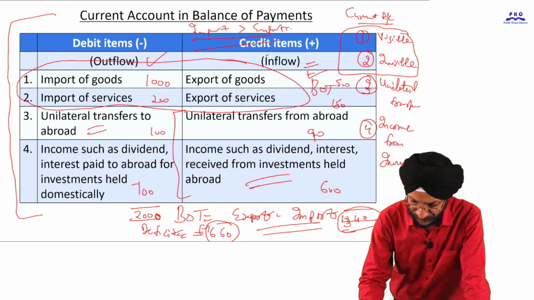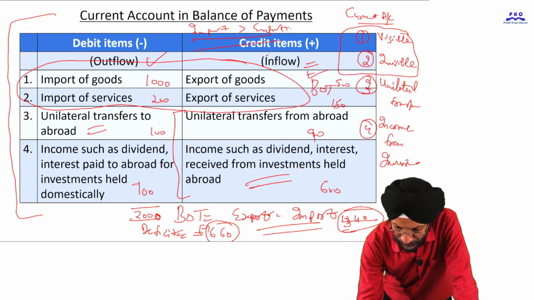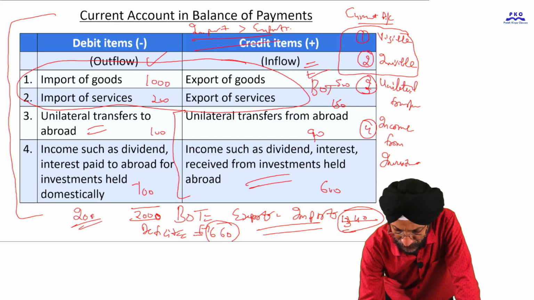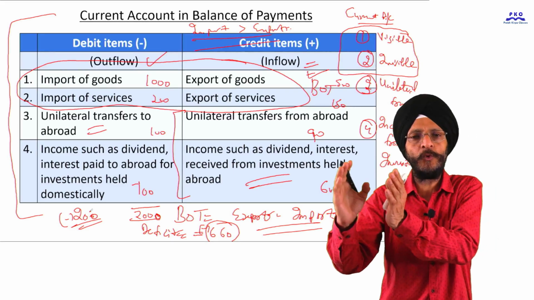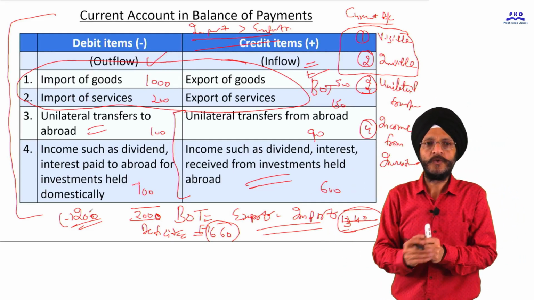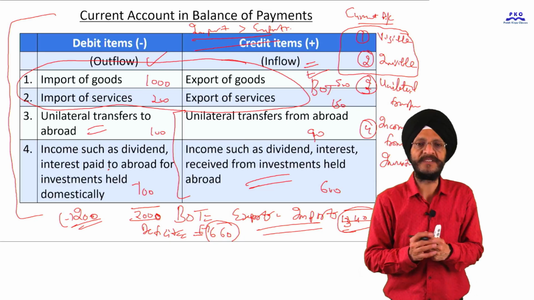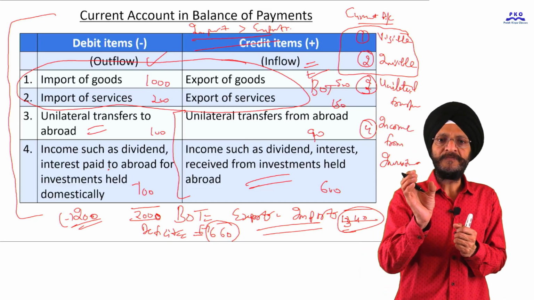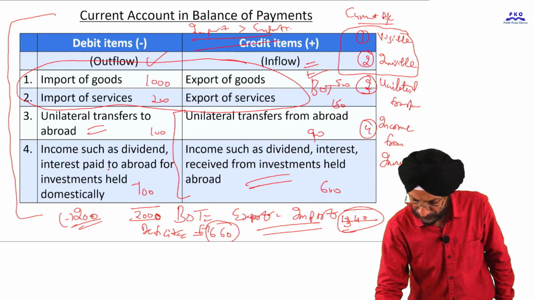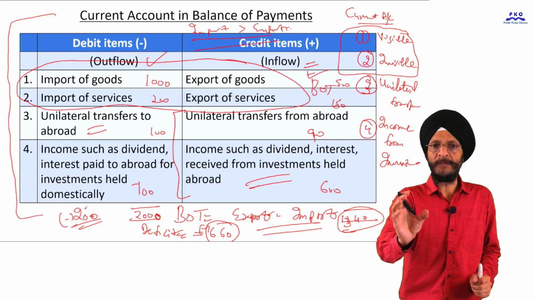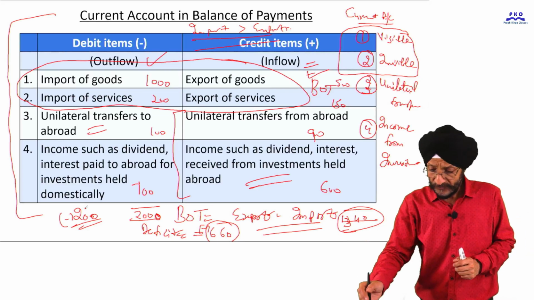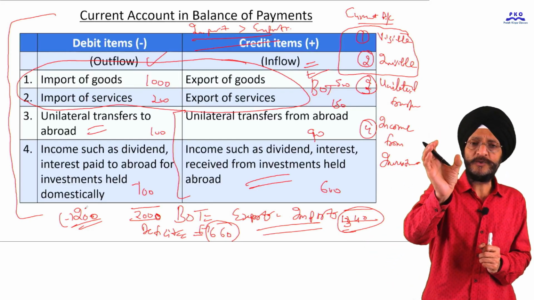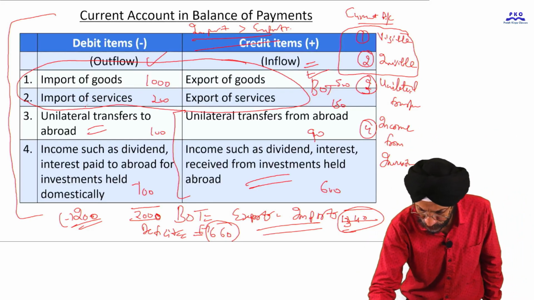Suppose there is a difference of, say, 200 in export and import. Suppose we assume that there are negative figures, imports are more as compared to exports. So these two items, unilateral transfers and income, can play some role in reducing this negative figure to some extent. But we cannot say that all of the negative impact of balance of trade will be absorbed by these two items.